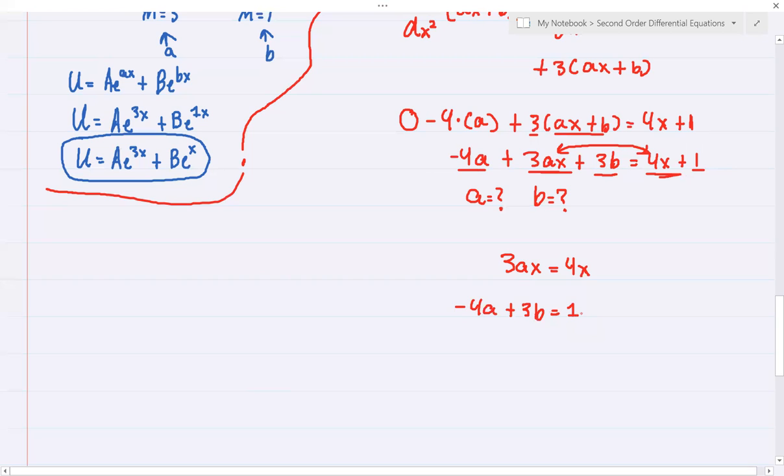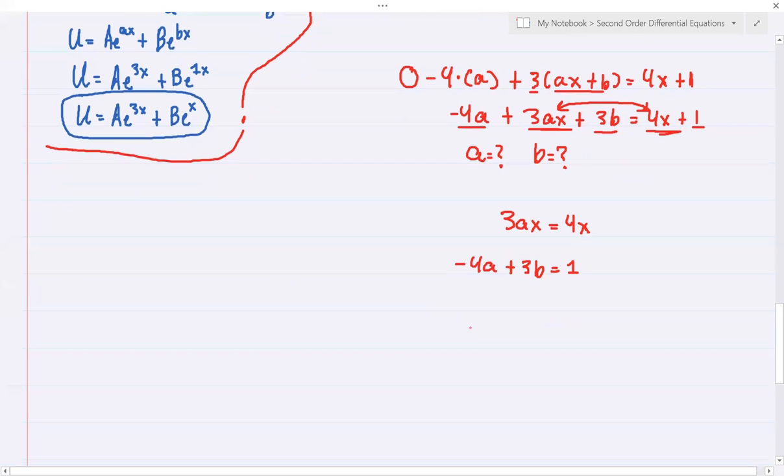And now you can apply methods of system of equations. For me, I am going to use the substitution method. Let me start with this equation, 3ax is equal to 4x.